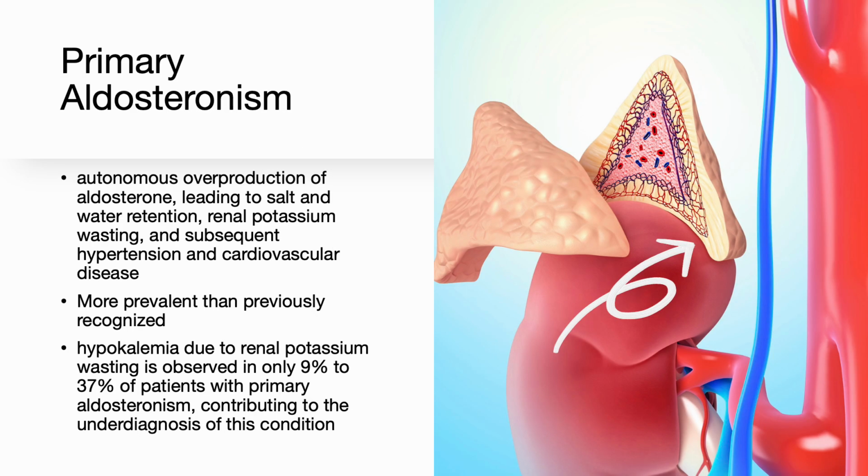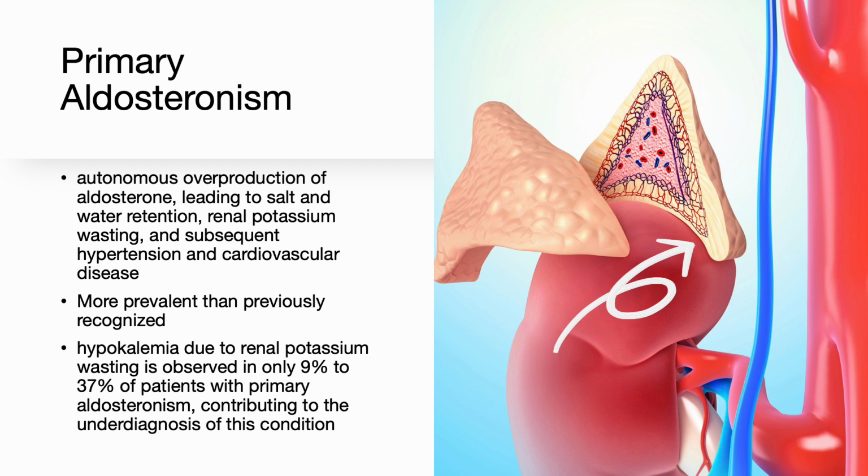Primary aldosteronism is characterized by the autonomous overproduction of aldosterone, leading to salt and water retention, renal potassium wasting, and subsequent hypertension and cardiovascular disease.